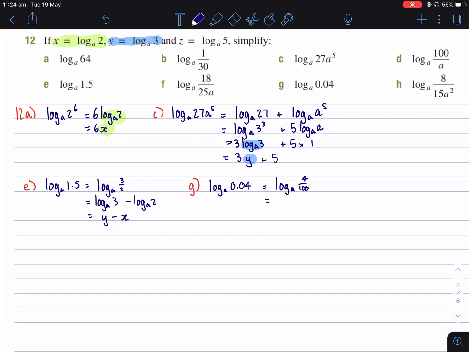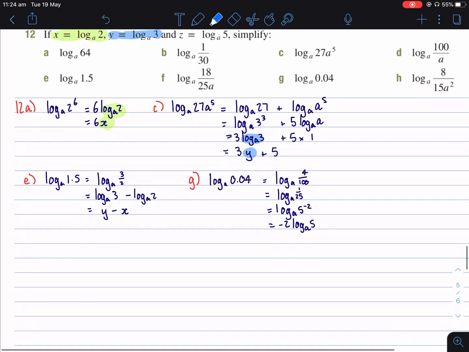Now 1 over 400 is the same as 1/25. Which is the same as 5 to the minus 2. So it's -2 log base A of 5 and log base A of 5 is z. So it's -2z.